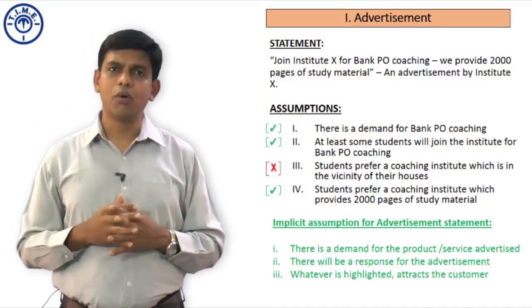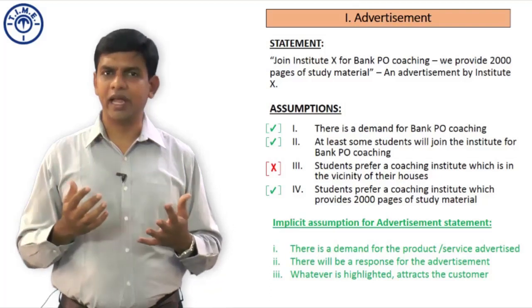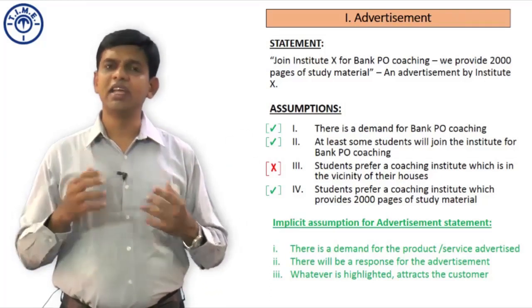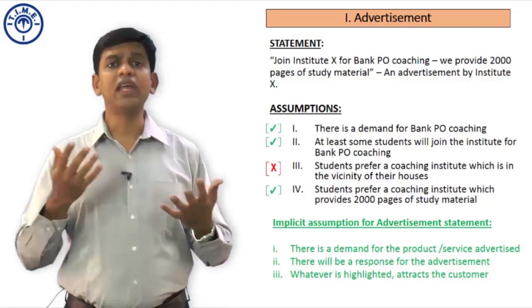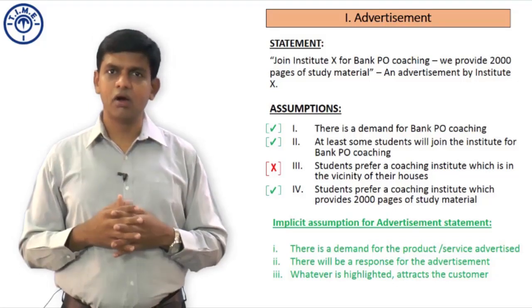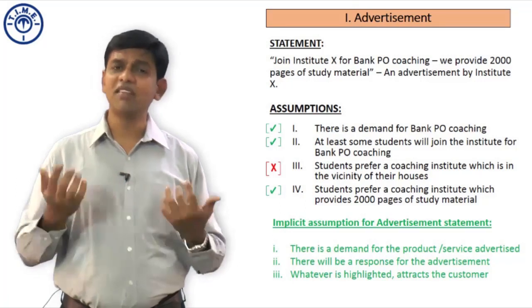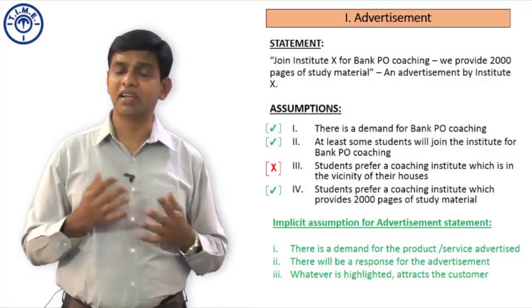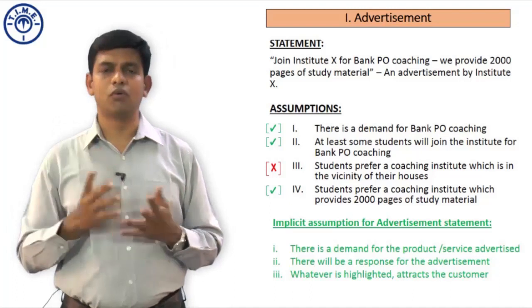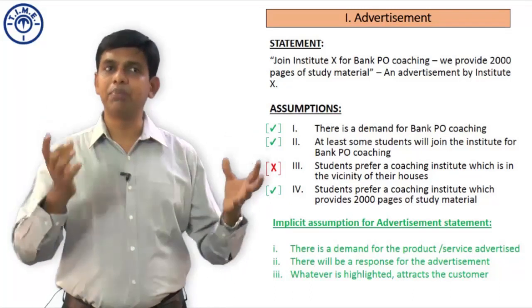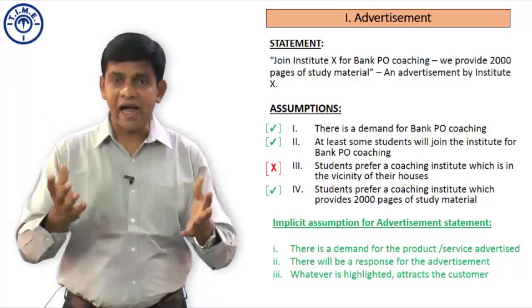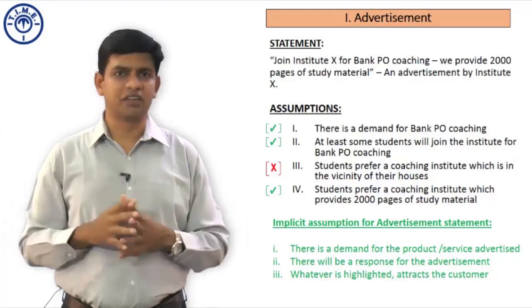What is it? Now, when an Institute X, the speaker in this case, is giving an advertisement, why is it giving this advertisement? Obviously, to tell people that there is a course that is offered. Now, what is the assumption that is being made by this advertisement? It believes, what does Institute X believe? That people will see this advertisement and they will come and join this institute.